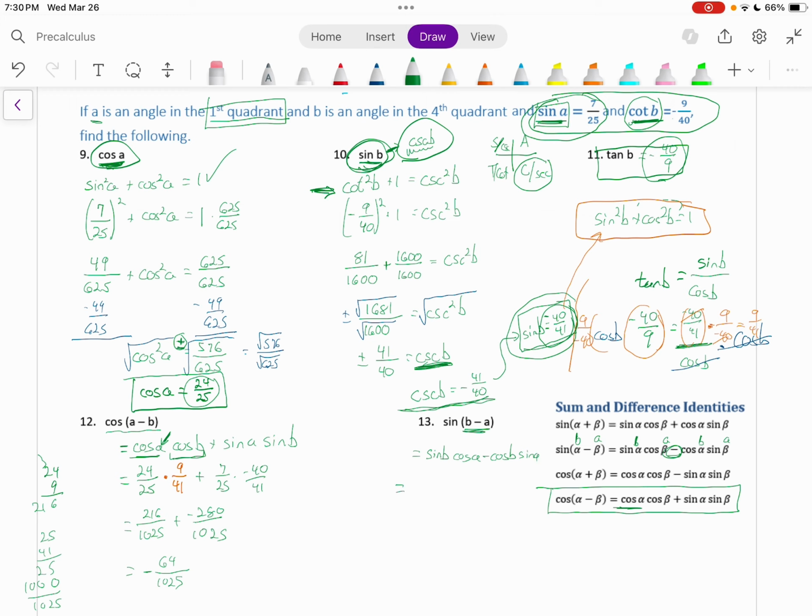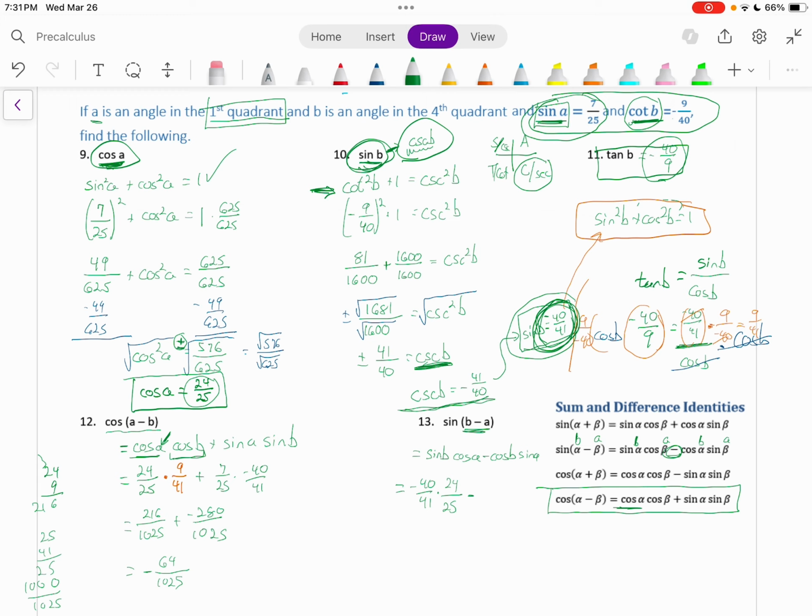So sine of B, that's right here, negative 40/41. Cosine A, we found that in number 9. That was 24/25. Minus cosine of B. Cosine of B, we found that, did I ever write it anywhere?